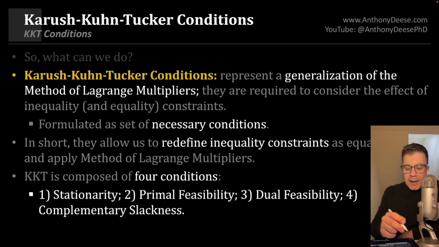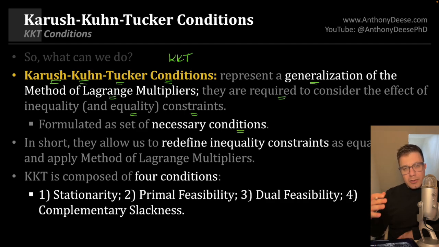We can apply the Karush-Kuhn-Tucker conditions, also known shorthand as the KKT conditions. They represent a generalization of the method of Lagrange multipliers, and they are required to consider the effect of inequality and equality constraints. And they're formulated as a set of necessary conditions, many of which are defined in terms of the first derivative.